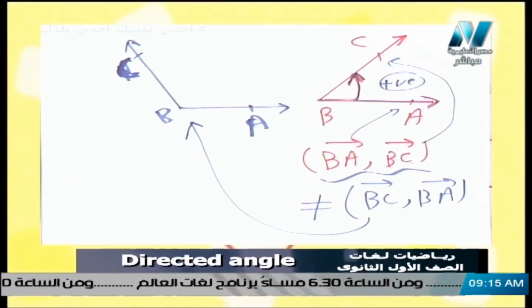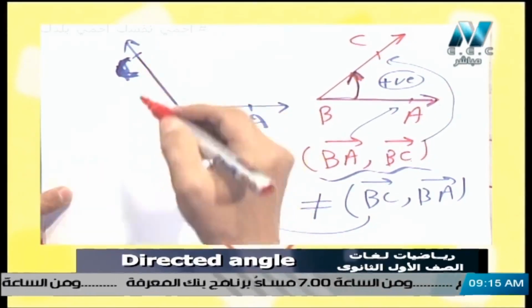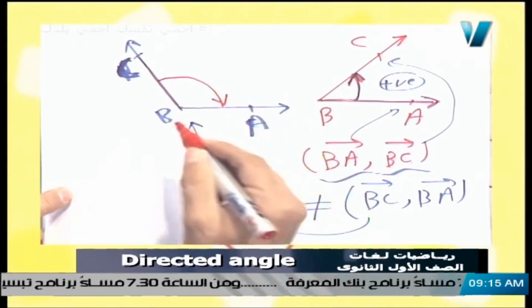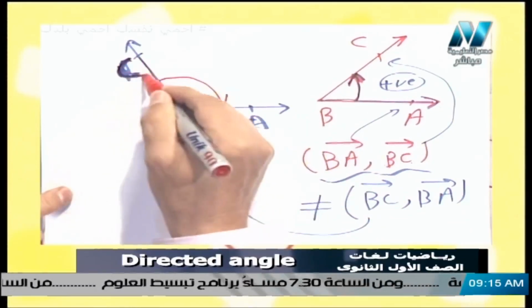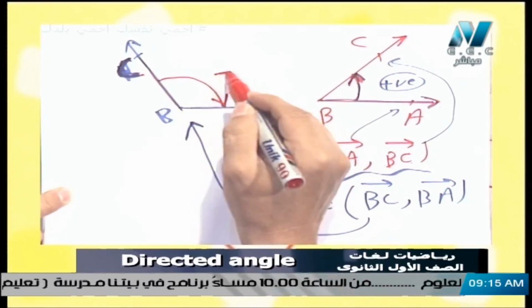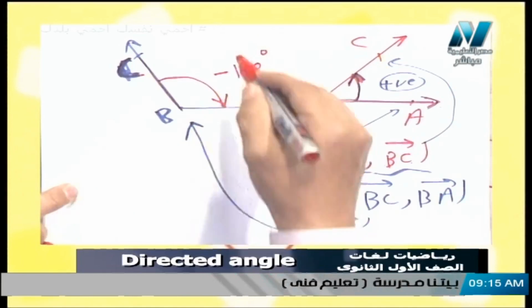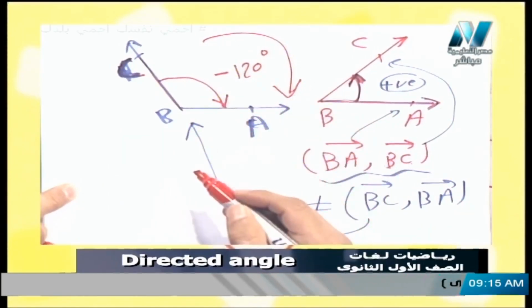That means that BC is the initial side and BA is the terminal side. So this angle will be negative, say negative 120 degrees, because it is in the clockwise direction.